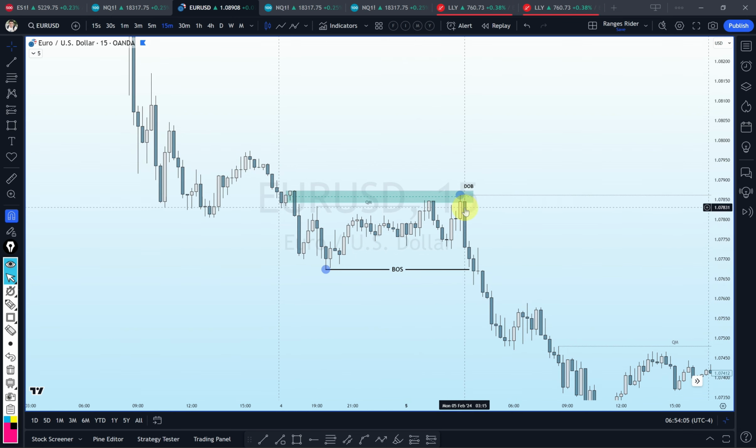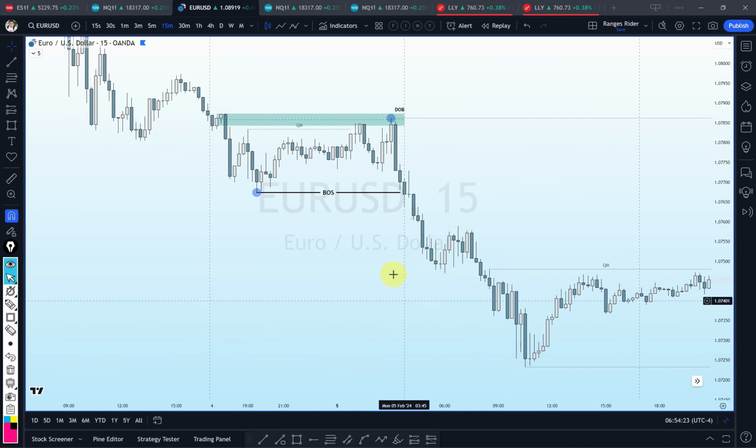And once we got the decisional order block, then we are short here and we are looking for another breakup structure. Once we got the breakup structure, we are in no man's land. What are we looking for? We are looking for another QM, and we don't have the QM here.